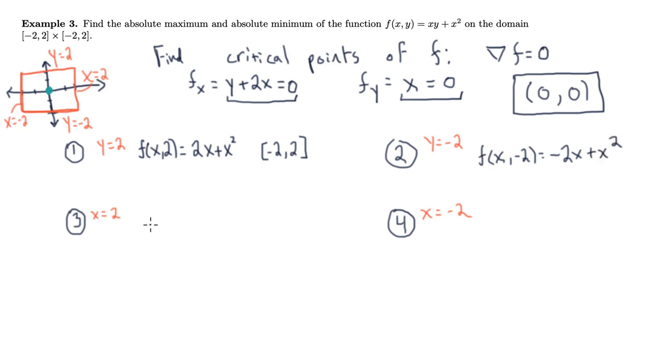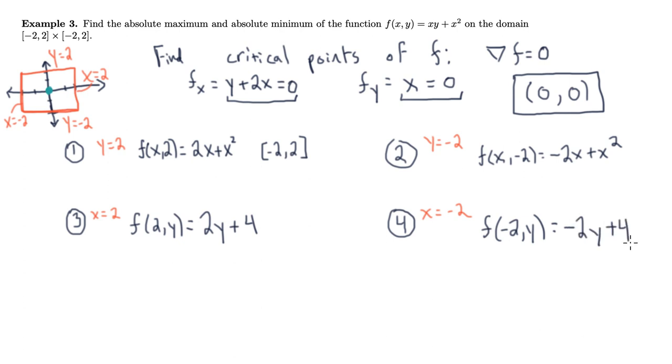And then over here, we're going to have f(2, y), which is just going to be, x is 2, so 2y plus 4. And then over here, we have f(-2, y), which is going to be -2y plus 4.